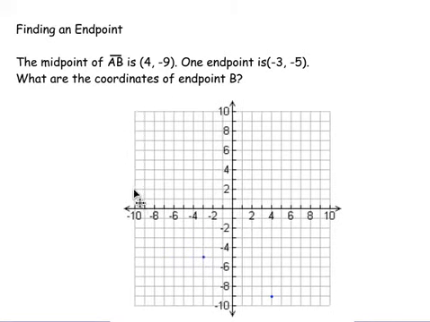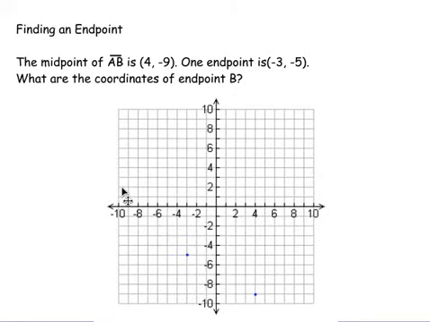What is it talking about? I will show you. Right here it's saying that the midpoint is 4, -9. So the midpoint is right here. Okay, that is what that is saying.